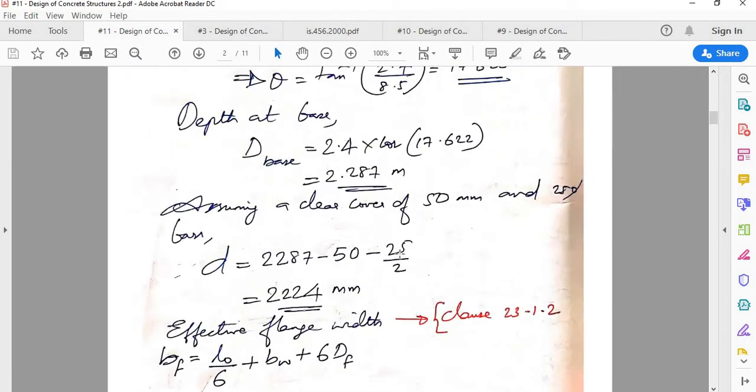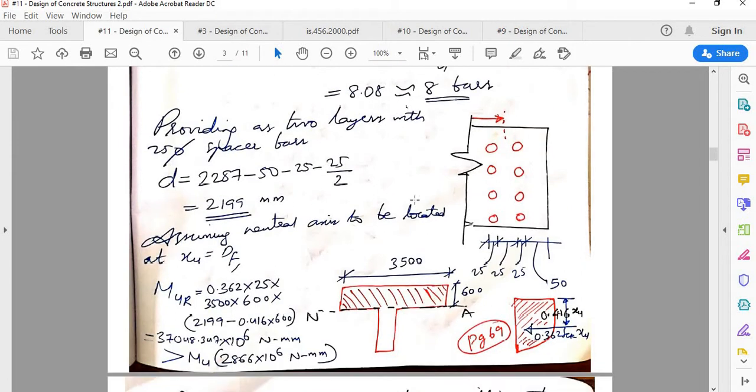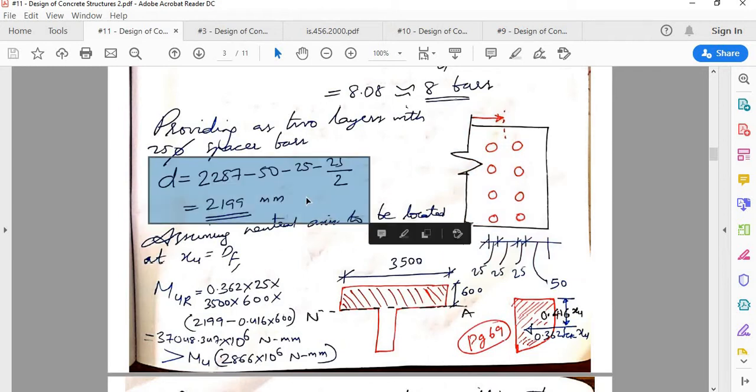If you are providing the 8 bars as 2 layers, you have 4 bars, 4 bars, and assuming a clear spacing of 25 mm between both layers, using this configuration we can calculate the actual effective depth.